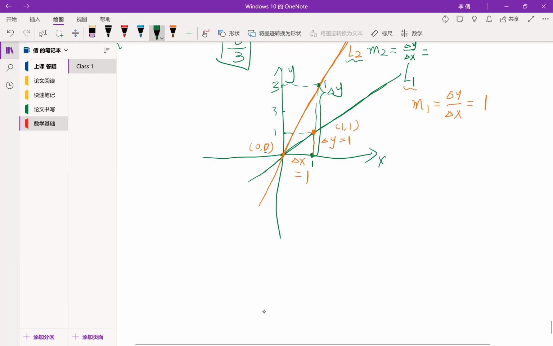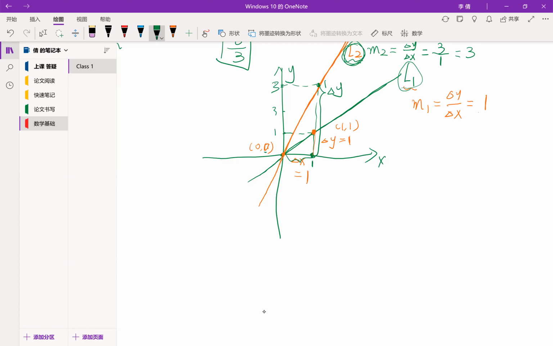So delta y is equal to 3, and delta x is equal to 1. So m sub 2 is equal to 3. The slope of this line L sub 2 is equal to 3, and the slope of L sub 1 is equal to 1, and 3 is larger than 1, right?